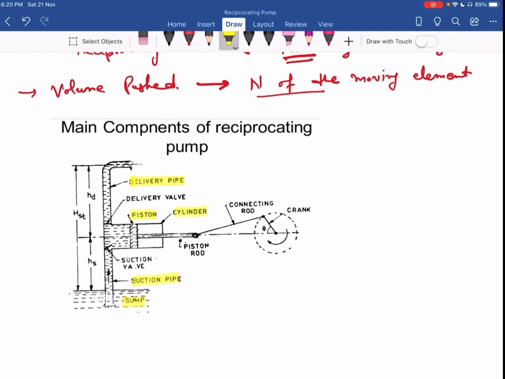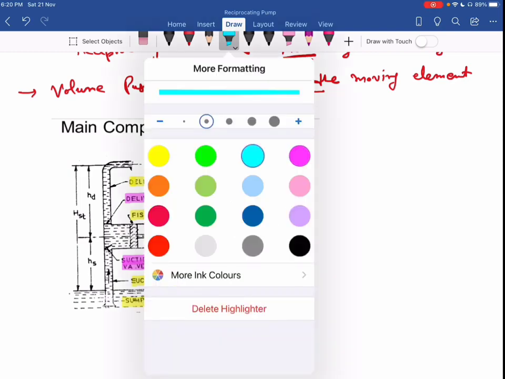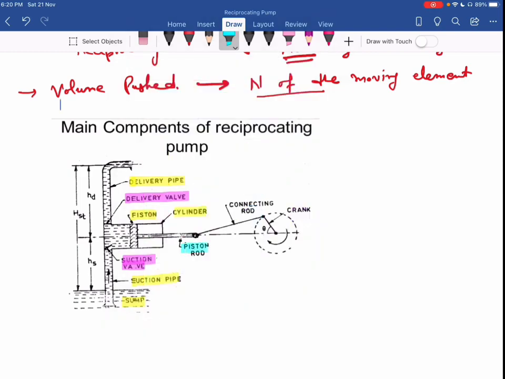There are two valves: one is called the delivery valve, and another one is the suction valve. The movement of the piston is controlled by the piston rod, which is further connected to the crank with the help of a connecting rod. So these are the main components of a reciprocating pump.